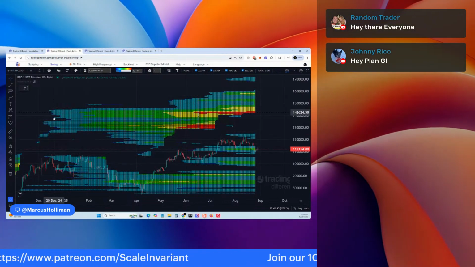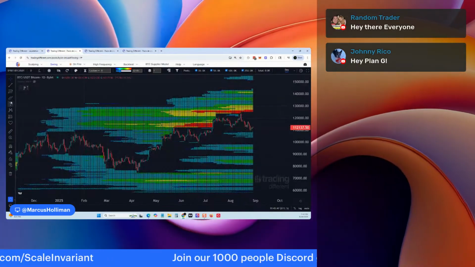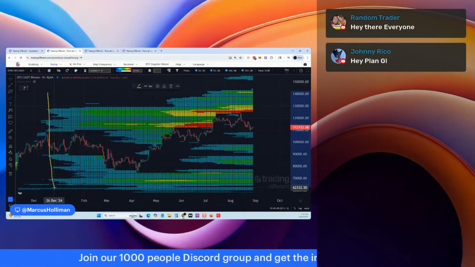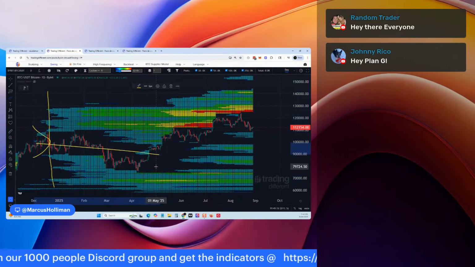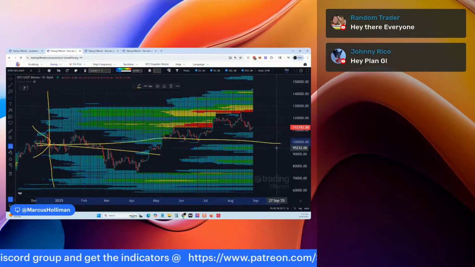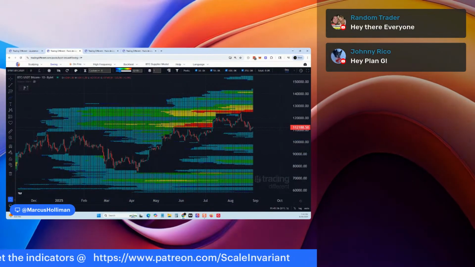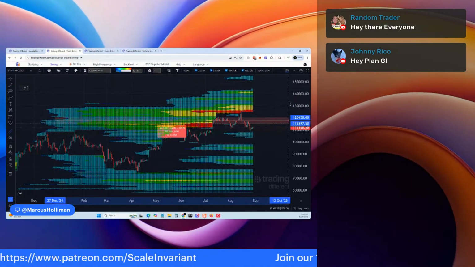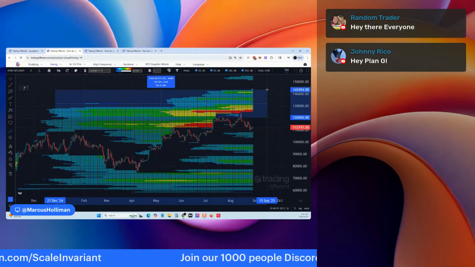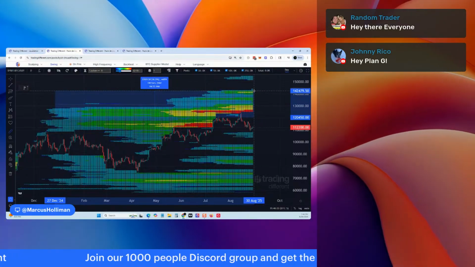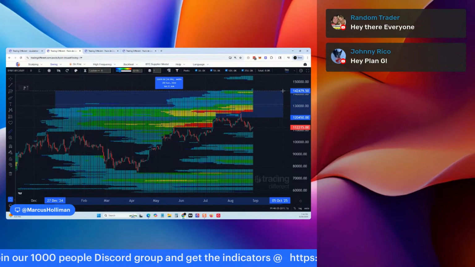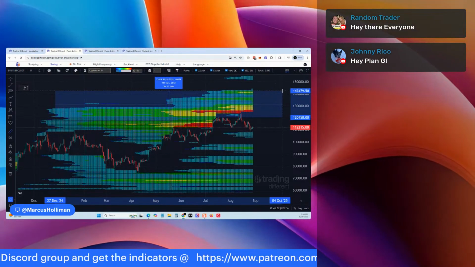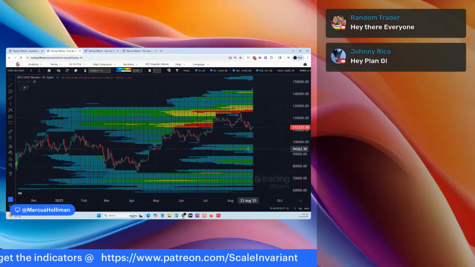We started forming some liquidity right here, and that's when we got into this range that we're in, and we've been in it for a long time. Let's get an idea how long we've been in here. Yeah, we're going on about 250 days, and we'll probably be here for another 30 or so. So that's a long time.